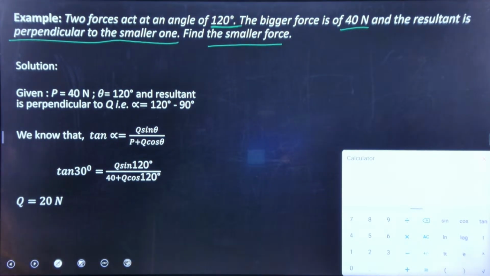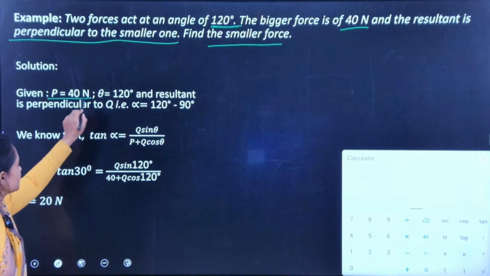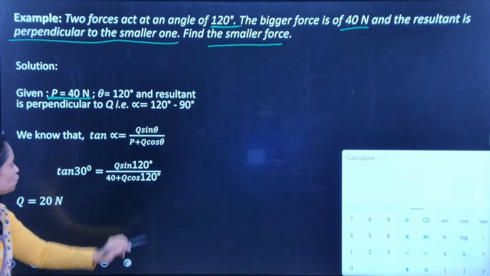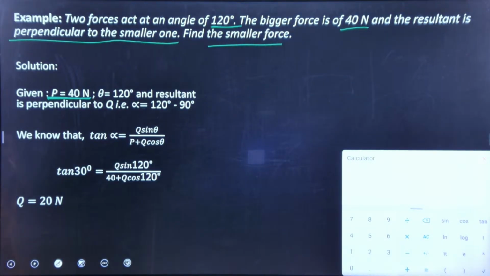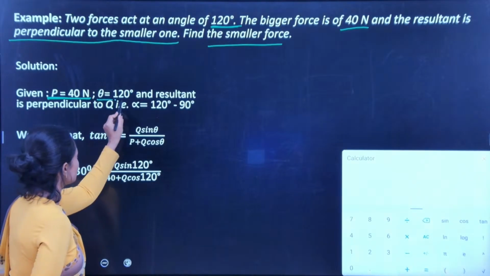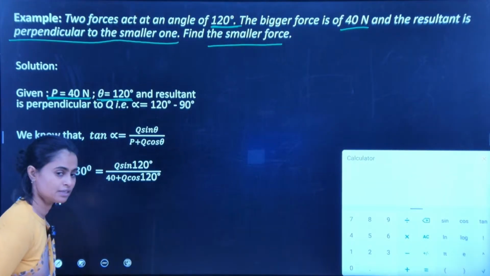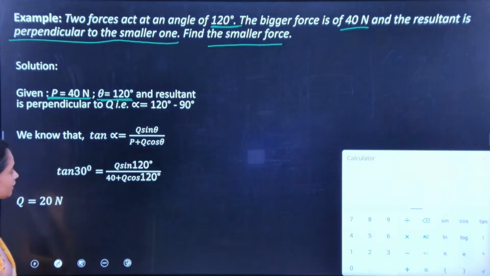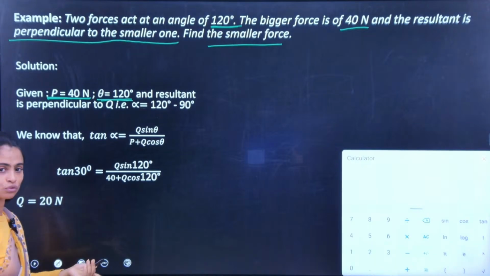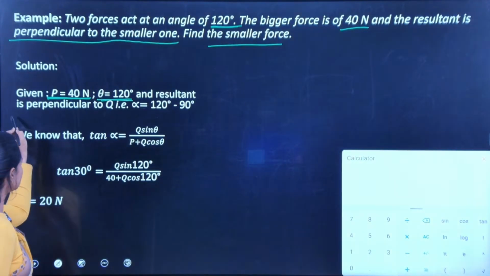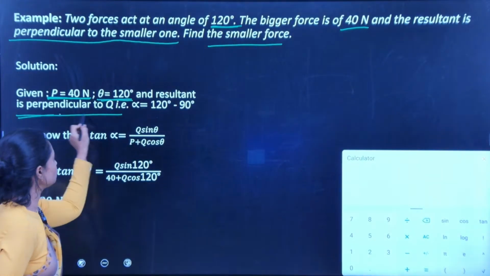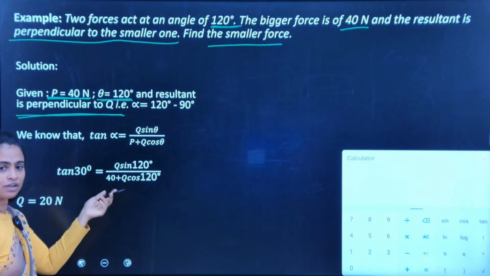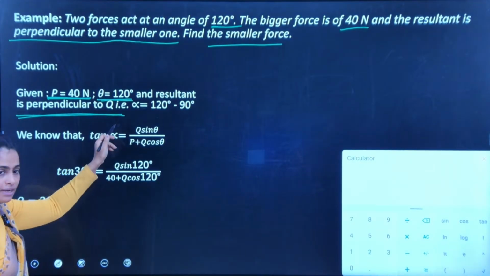Since we are given one of the forces, let's take P as that force, whose magnitude is 40 Newton. The angle between the two forces is 120 degree, that means theta is 120 degree. And the resultant of the two forces is perpendicular to the smaller force, which we have taken as Q, right?